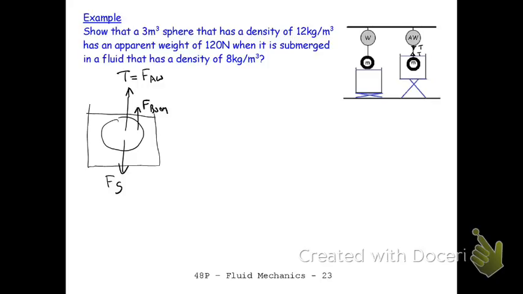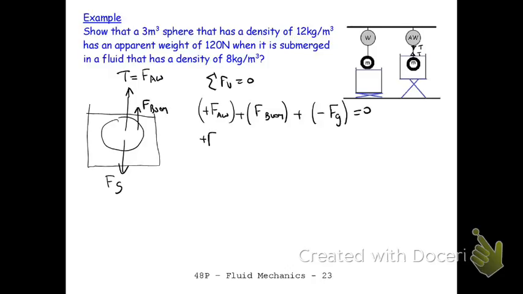So I say the sum of the forces vertically equals 0. So plus F apparent weight plus F buoyancy minus Fg is equal to 0.